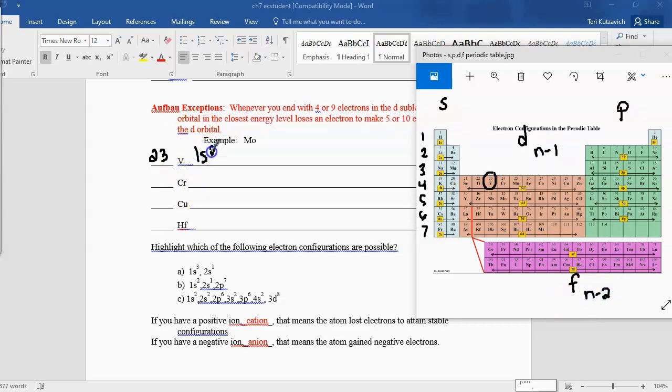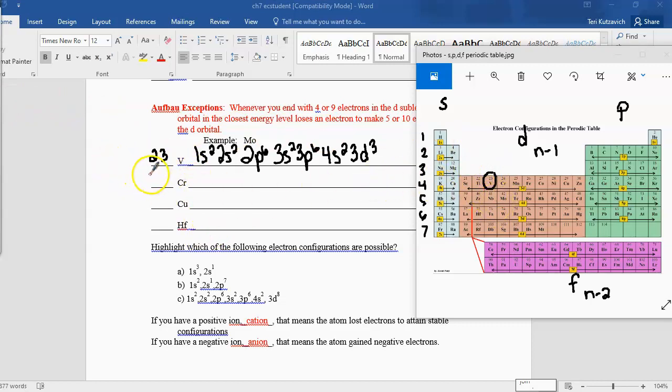So this would be a 1s2, a 2s2, a 2p6, a 3s2, a 3p6, a 4s2, and a 3d3. When you add these up, they should equal 23 electrons. When I say add up, I mean the superscripts. And you could see right here that this is D1, this is D2, this is D3. So you knew ahead of time that it was going to end in D3.